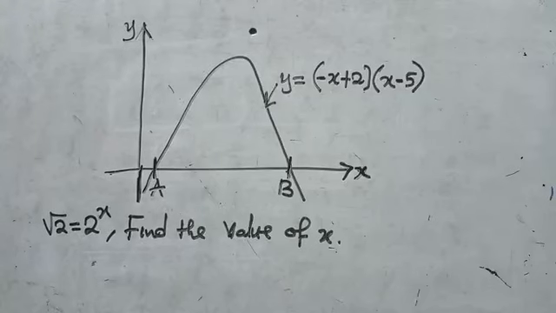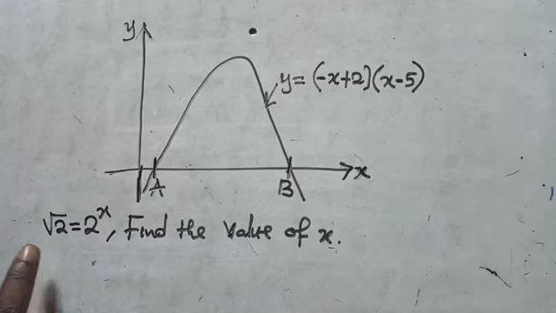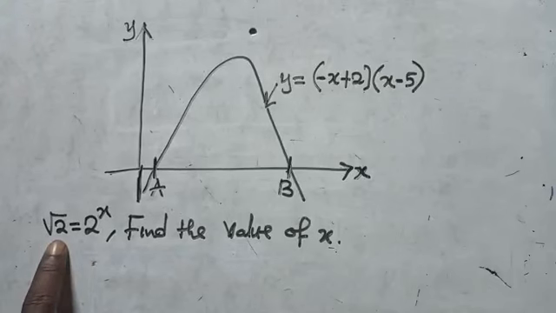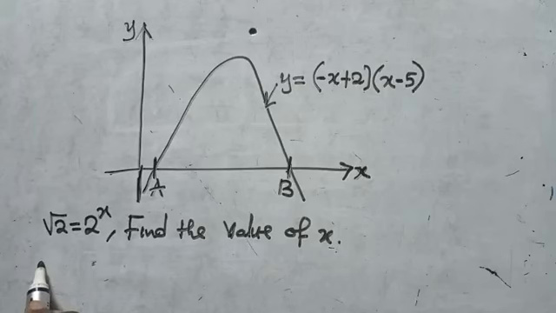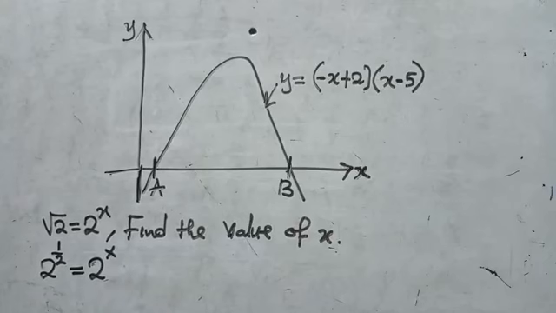For you to answer this particular question, what I need to understand is that the way this question is, there's a square root here. This is x power 2. So I know that this can be represented like this. I can say root 2 is just the same as 2 to the power 1 over 2, which is equal to 2 to the power x.